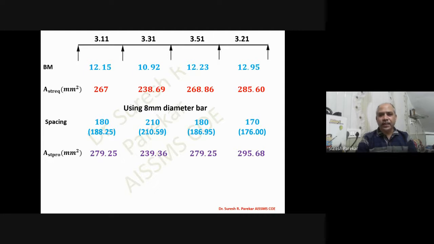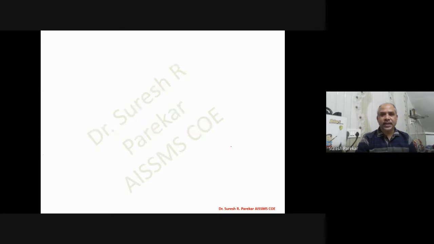Against 238.69, spacing required is 210.59. We have provided 210, and against this AST provided becomes 239.36. Similarly, for 268 and 285, these values are given over here. The maximum value of reinforcement provided in span moment is 295.68.